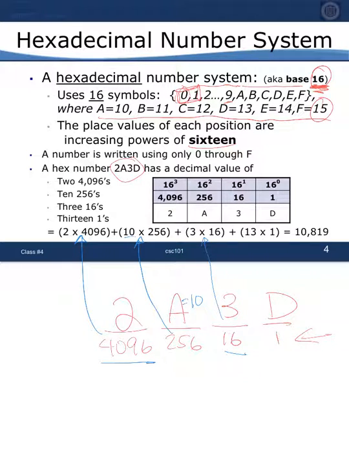And D is actually the equivalent to the number 13 in our world. So I have D, or 13, ones. So 13 times 1. And lo and behold, in our world, this number, 2A3D, is actually the number 10,819.